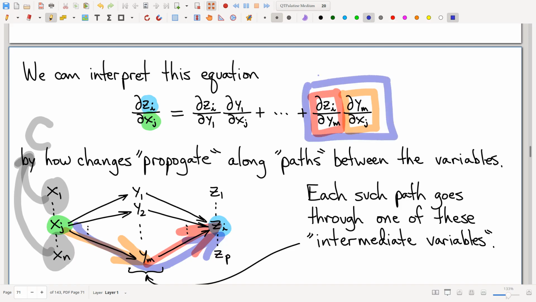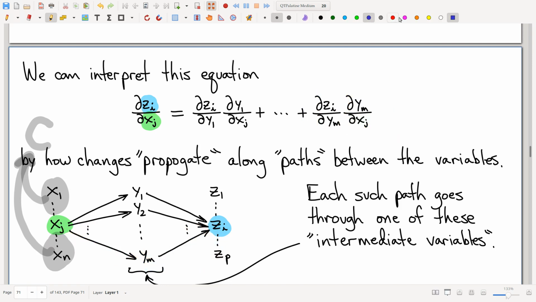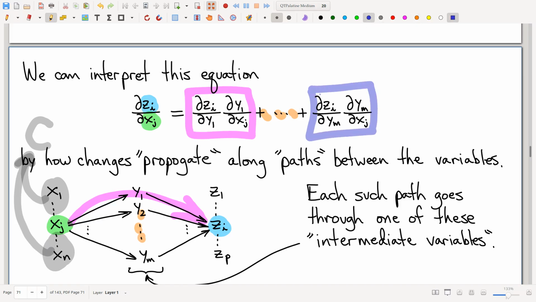Right? So I think a really nice way to think about this entire form of the chain rule is that each term corresponds to a path. And et cetera, et cetera. Lastly, this term arguably comes from this path.